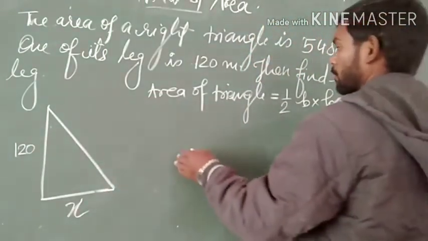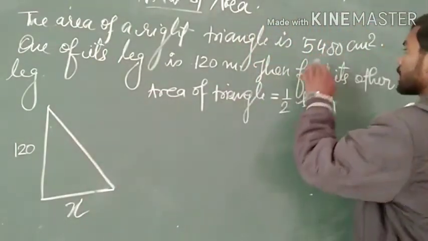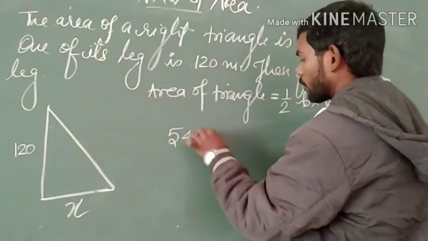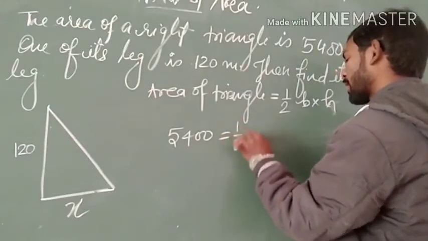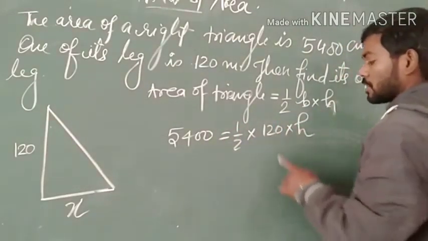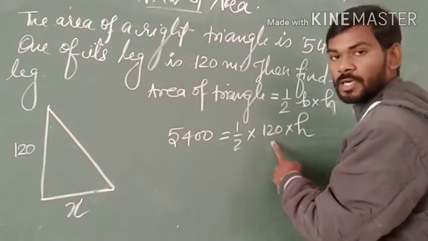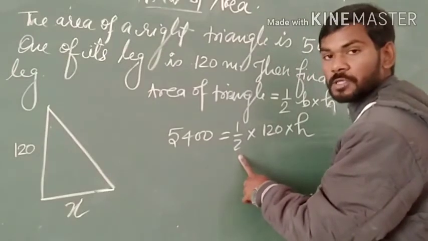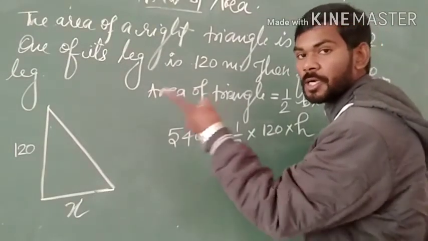So here now put the area of triangle, given 5400. So write here 5400, which is equal to 1 by 2 into 120 into h. Since 120 is in multiplied form, it will divide, and 2 is in the division form, that is why it will be multiplied.